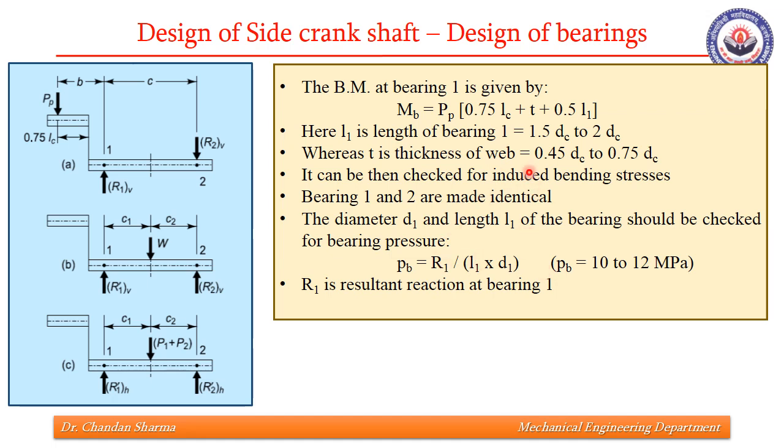Further, we can also check from the bearing pressure point of view. Bearing pressure at bearing 1 is R1 upon L1 into D1, where R1 is the resultant reaction at bearing 1, which is the square root of R1V squared plus R1H squared. We have taken L1 and D1 from these empirical formulas. R1 is already known to us, so we can find the pressure from here. If it is within 10 to 12 megapascal, the values that we have assumed for L1 and D1 are okay.